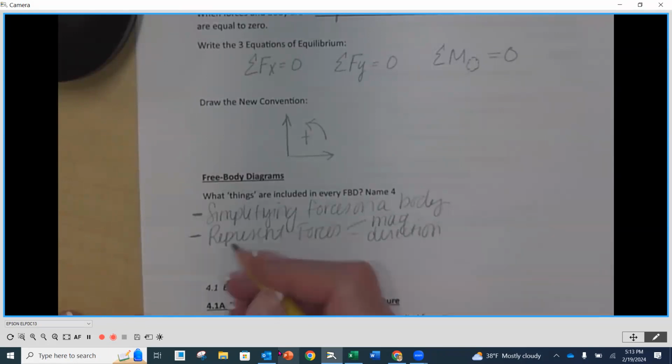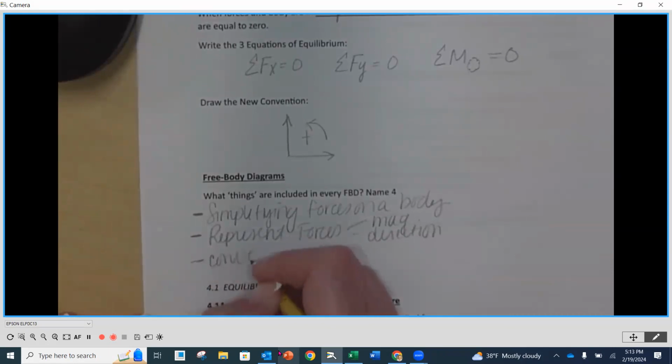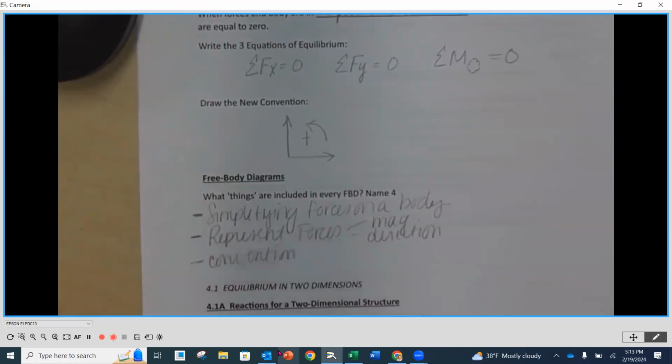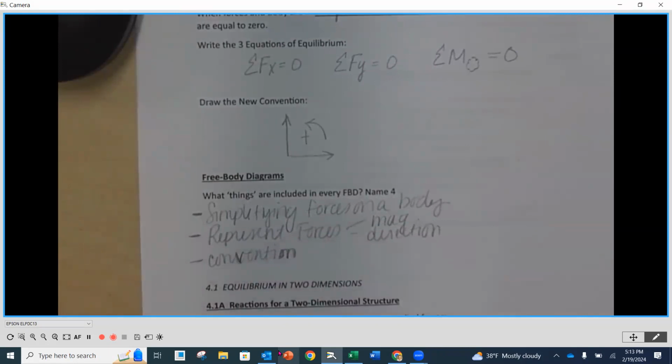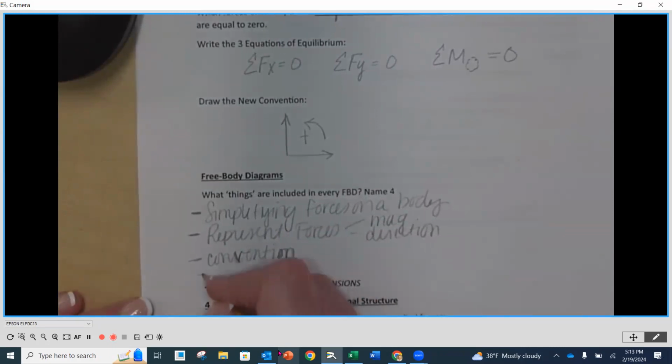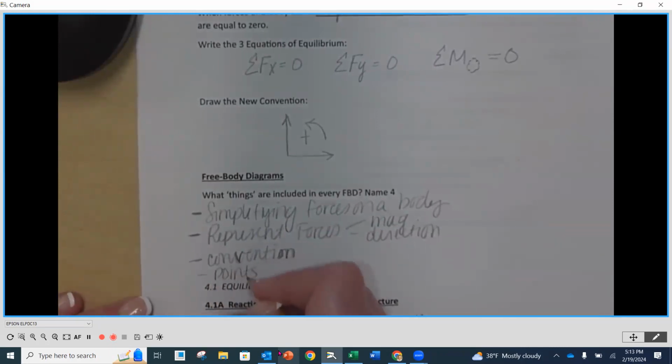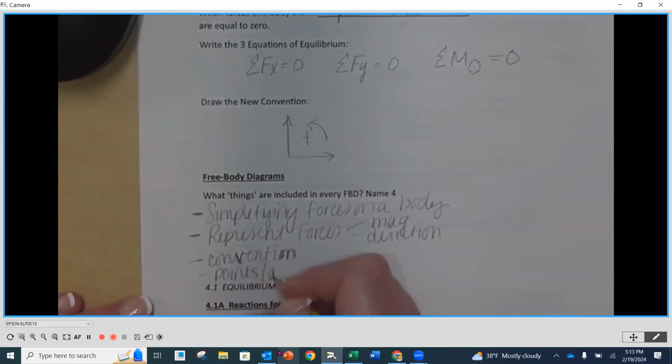Yeah, convention. Yep, include your convention. Yep, we have to know what's positive, negative, right? Both in the direction of the forces as well as the rotations. Yep, convention. What else? Yeah. So points, important points, right? Or axes.